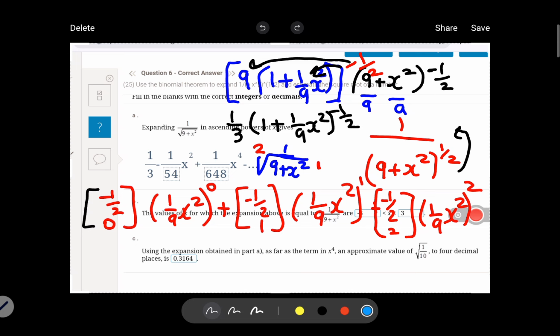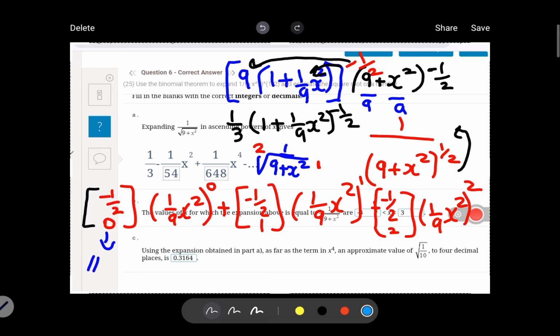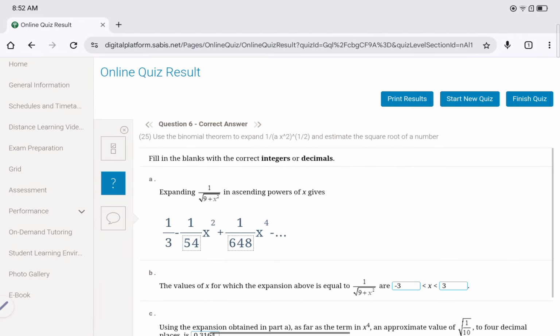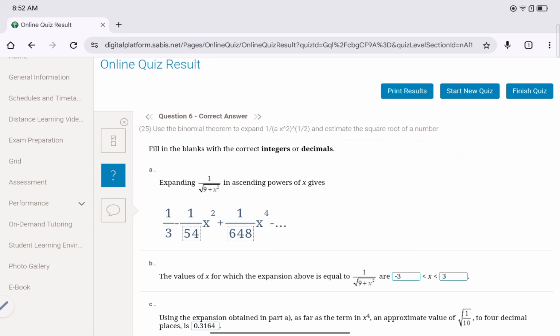Any number, combination 0 will give you 1. So this is 1. And this to the power of 0 is also 1, so 1. So here we're done. Oh my god, I don't know where it went. I'll just screenshot.